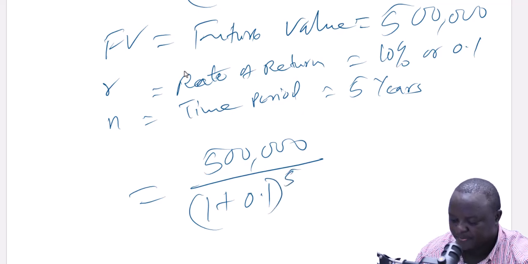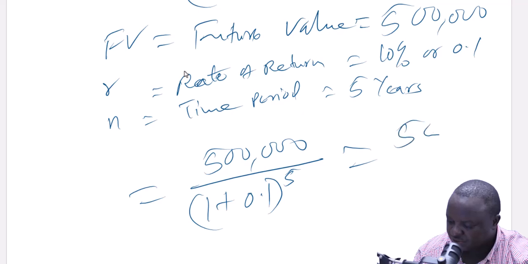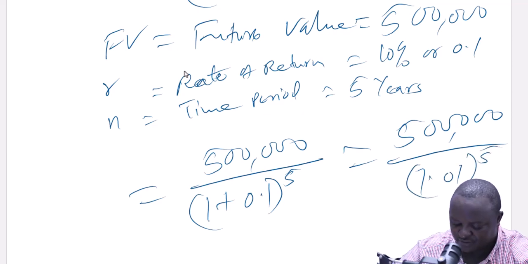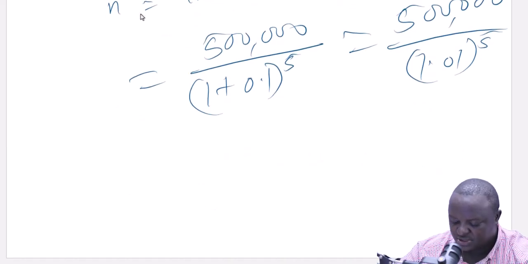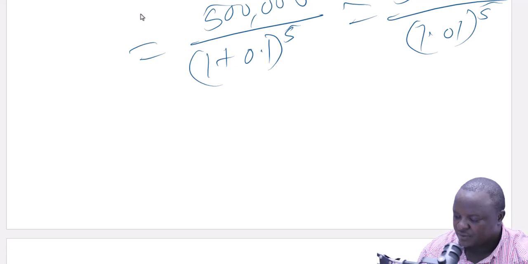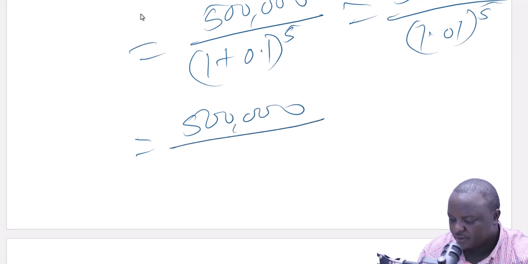So that is equal to 500,000 divided by 1.1 raised to power 5. Sorry, this is 1.1, not 1.01.